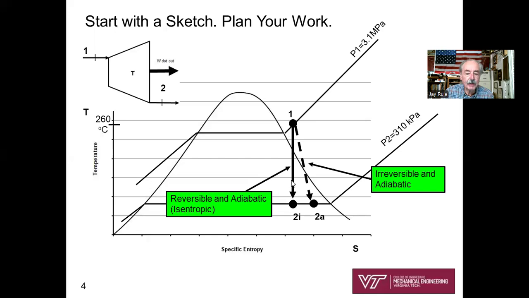Now we have the mass flow rate, so if we get the isentropic work, that also gives us the isentropic power, and then we'll apply the definition of turbine efficiency, 75%, to get the actual power produced. And so here's going to be the irreversible and adiabatic process 1 to 2a. So anyway, that's going to be our sketch.